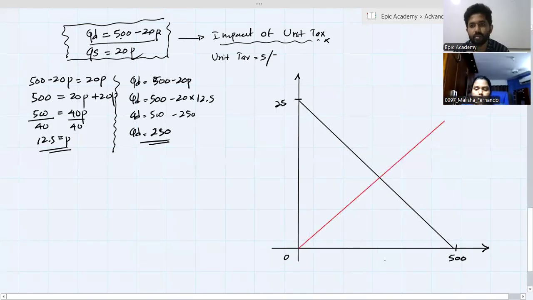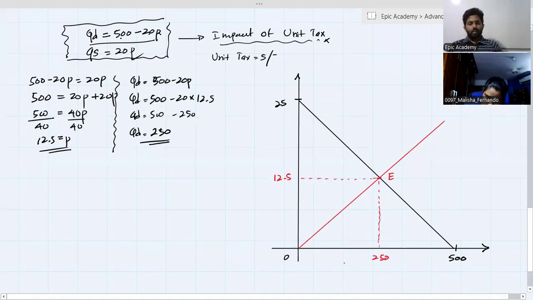So this is the crossing point. We know that it is the equilibrium price. So the price becomes 12.5, quantity becomes 250. This is the equilibrium position.